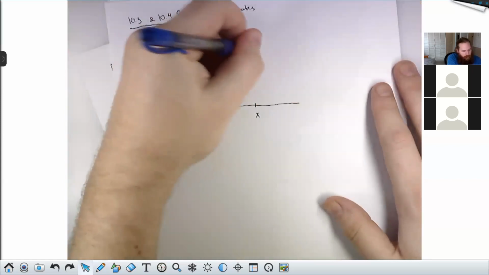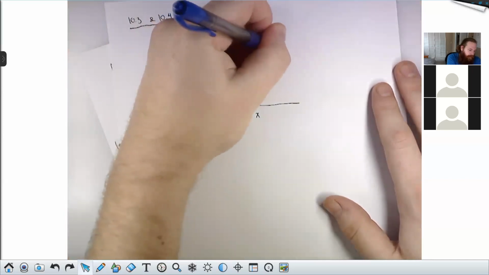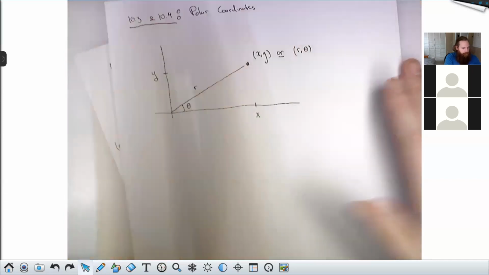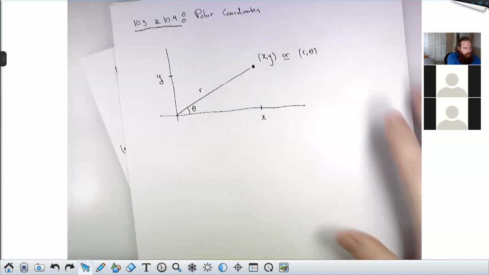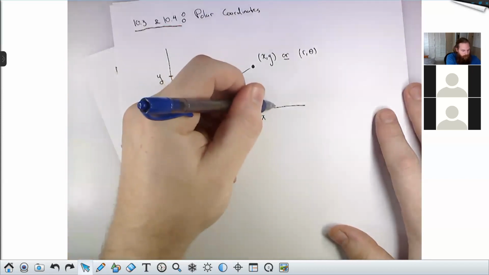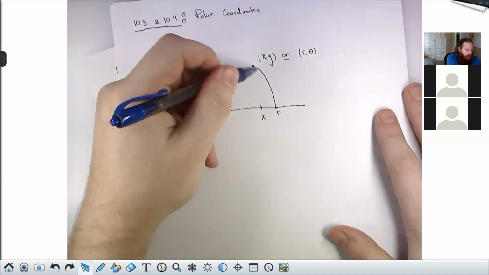So the normal coordinates x comma y can be replaced by r comma theta. And the way this is usually taught is you go out r, and then you rotate up theta.